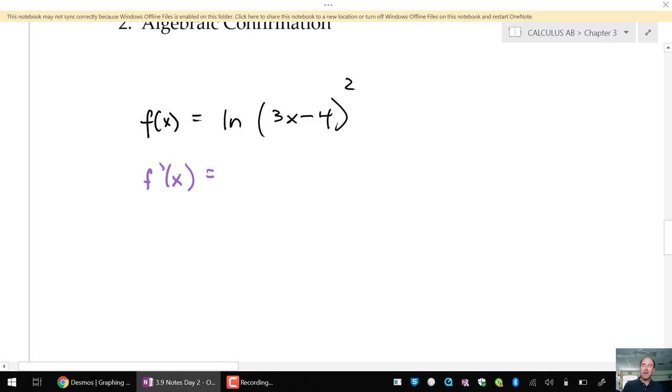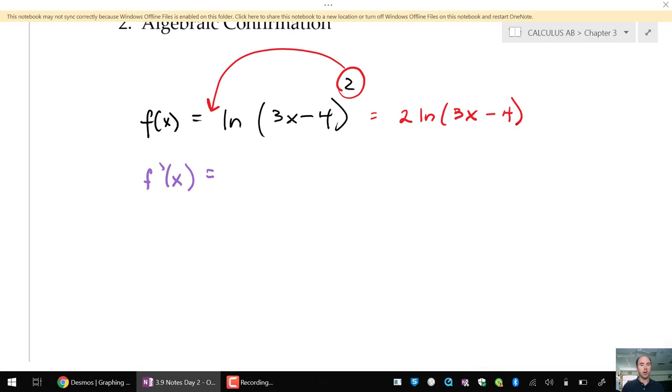If I have the log of a power, then I can swing this exponent out in front of the log, making it a multiplier on the expression. So this is really equal to 2 times the natural log of 3x minus 4. And that first step, if I catch that log property, really helps make the calculus that much simpler. So there's my algebraic massaging of that function.